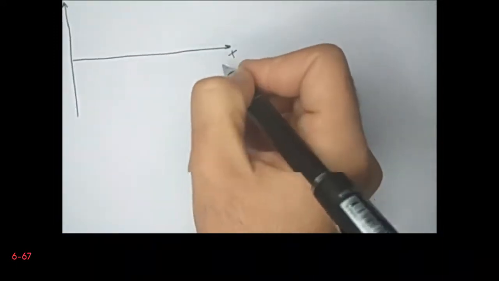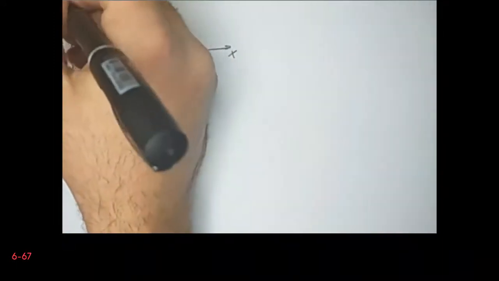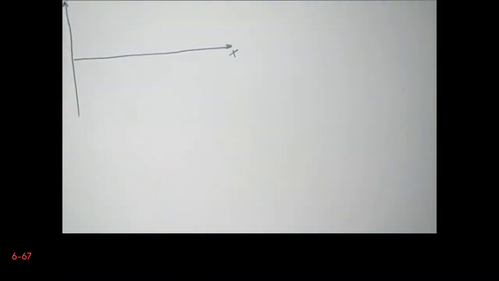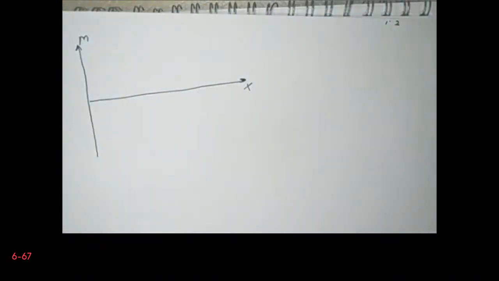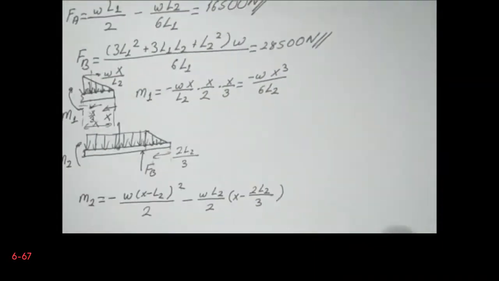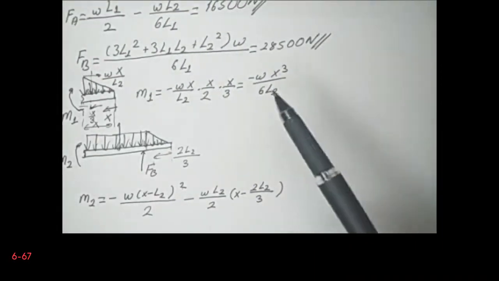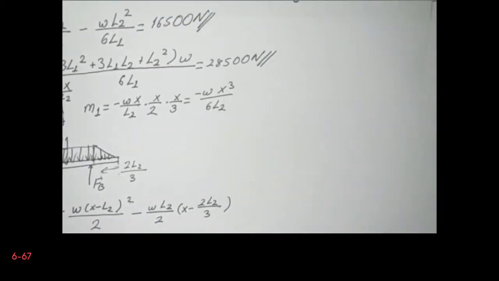So this is my x, this is my moment. Now in the first part M1 is increasing in a cubic manner, from 0 to L2, and when it is L2 it makes a peak and it's negative.